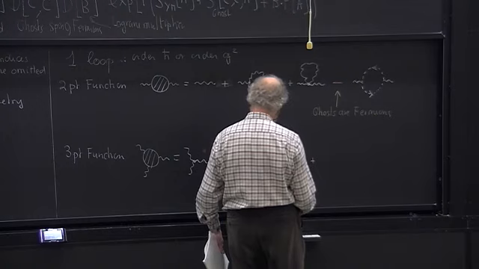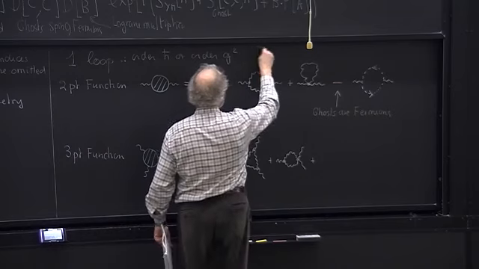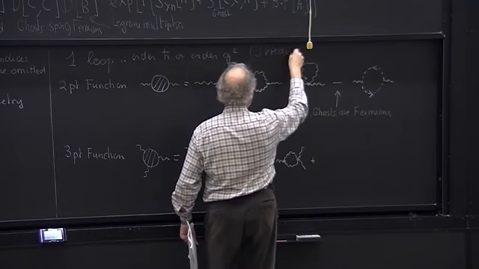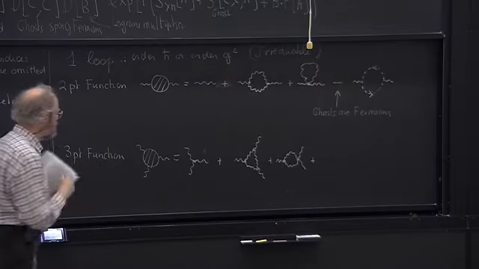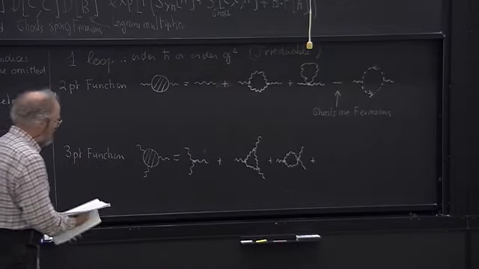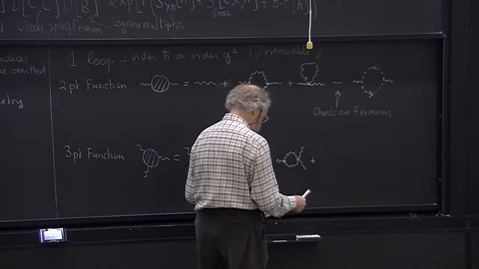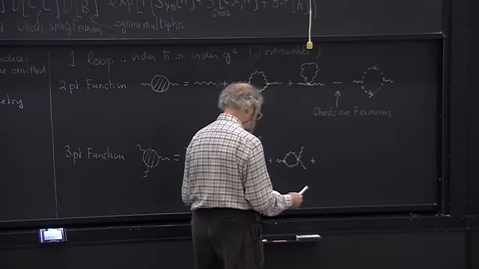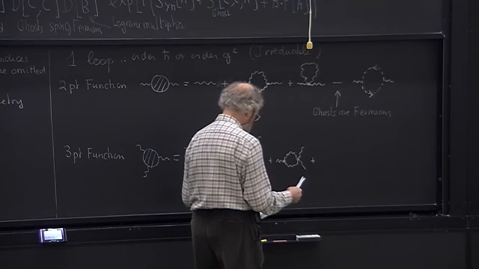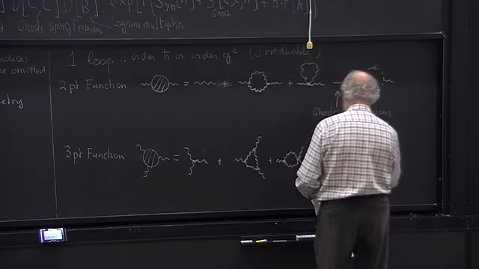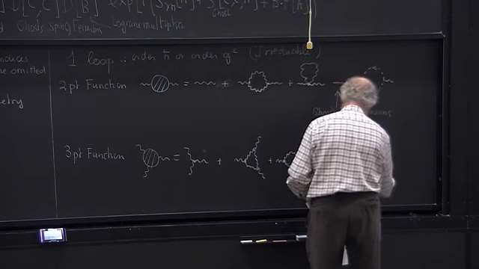I think that's all. Well, let's compute the irreducible diagrams. Of course, I compute the irreducible diagram because the other one can be obtained in this way. So I get this one. And so I think I'm not forgetting any diagram for the 3-point function. And then I get, of course, a diagram where you have ghosts.